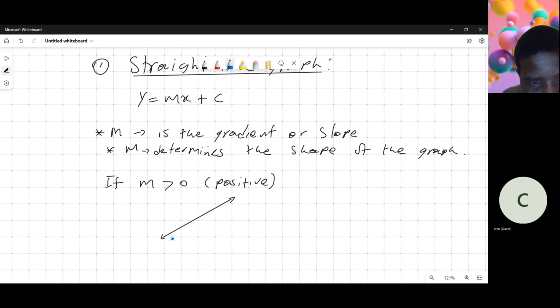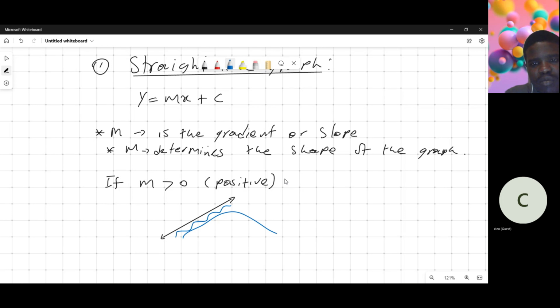It means you will be like climbing the stairs, or that mountain.